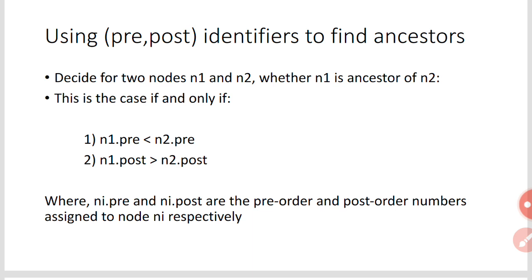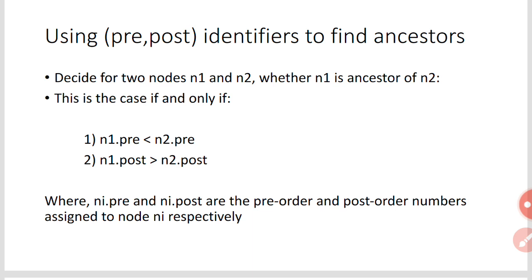Now, how to decide for two nodes n1 and n2 whether n1 is an ancestor of n2? Check for two conditions. The first condition is n1.pre should be less than n2.pre, and the second condition is n1.post should be greater than n2.post.